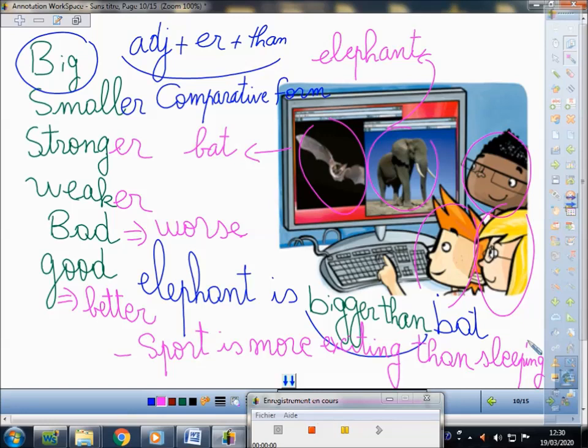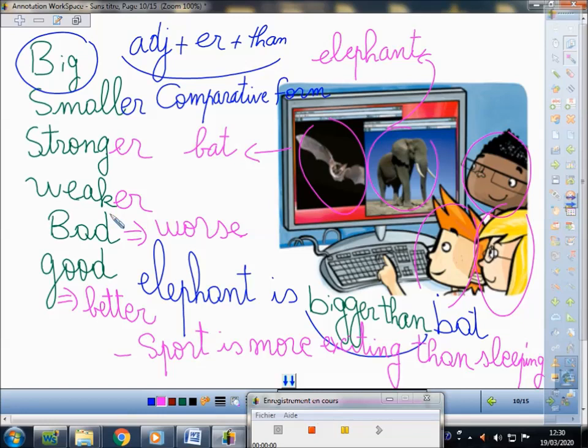Now, if you want to compare the bat to elephant in terms of weak, which is the opposite of strong, bat is weaker than elephant.